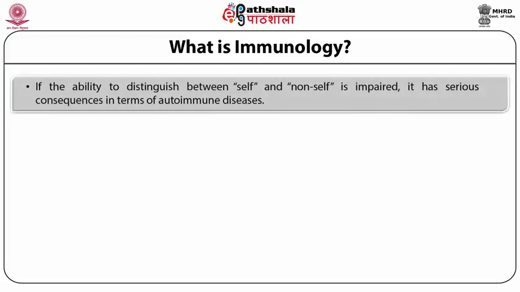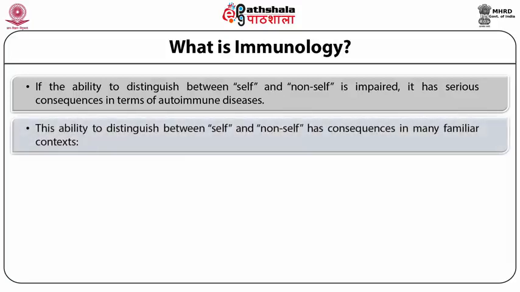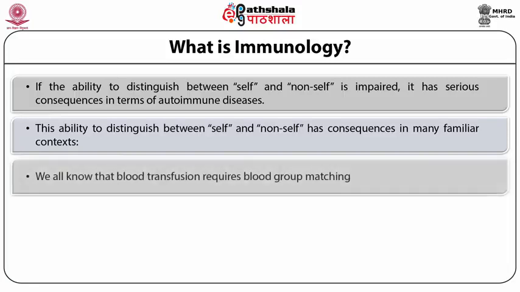If this ability of the immune system to distinguish between self and non-self is impaired, it has serious consequences and results in what are called autoimmune diseases. The ability to distinguish between self and non-self has consequences in many familiar contexts. We all know that blood transfusion requires blood group matching.